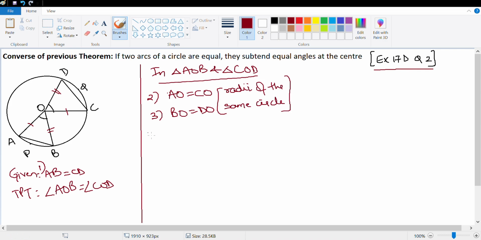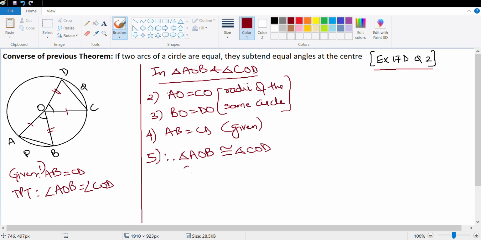And the third one would be AB is equal to CD. This is given, which means again these two triangles are congruent. Triangle AOB is congruent to triangle COD by the SSS test.